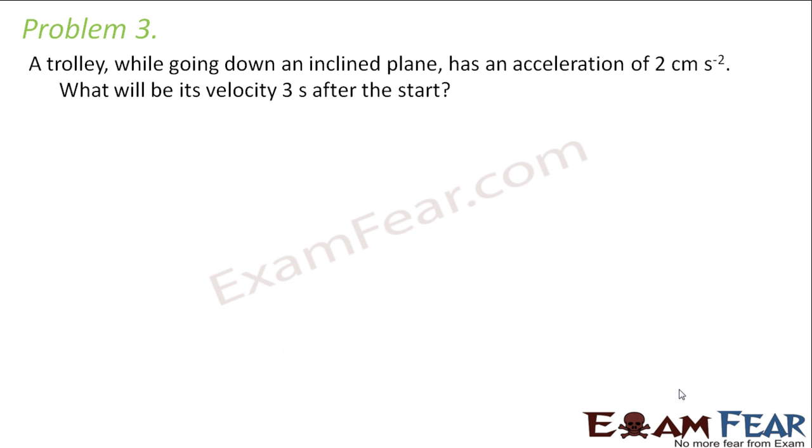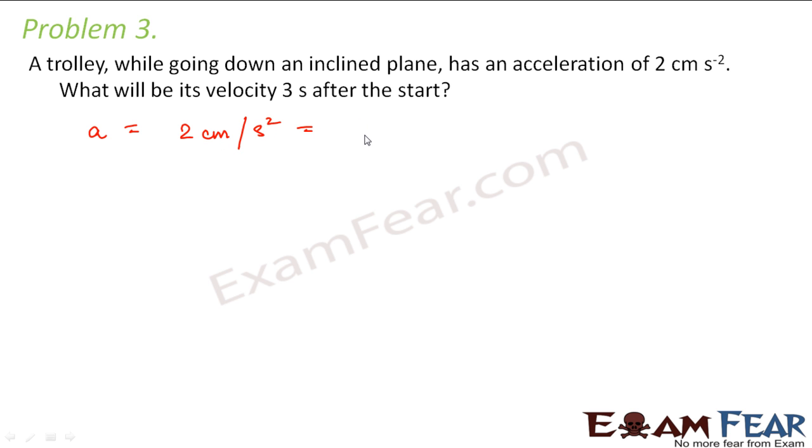Let's have a look at problem 3. It says a trolley while going down an inclined plane has an acceleration of 2 centimeter per second square. What will be its velocity 3 seconds after the start? So the acceleration of the trolley is given as 2 centimeter per second square.